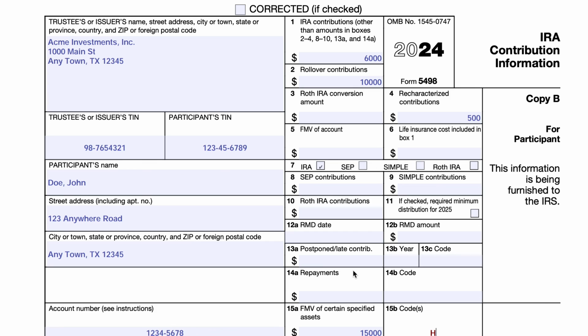Take a look at our article and I'll walk you through how you can do that. So you can go to the link in the show notes, or you can go to our website, teachmepersonalfinance.com, type in IRS Form 5498, and you'll see our article in the pop up if you type that in the search bar.